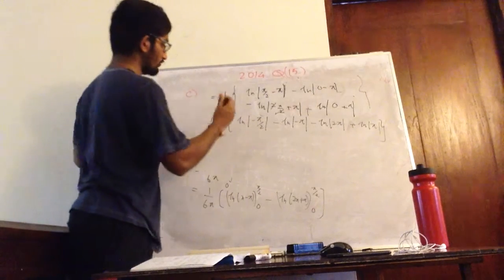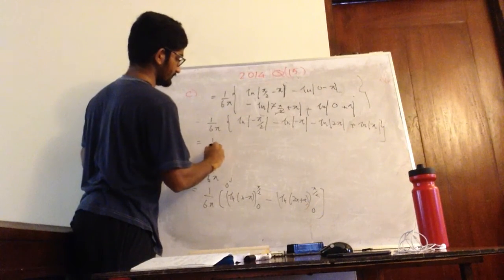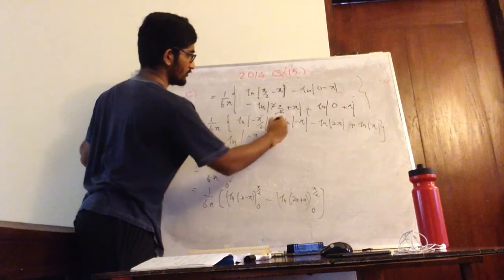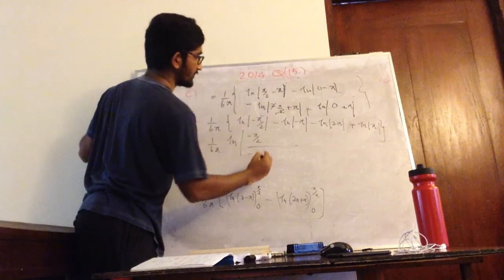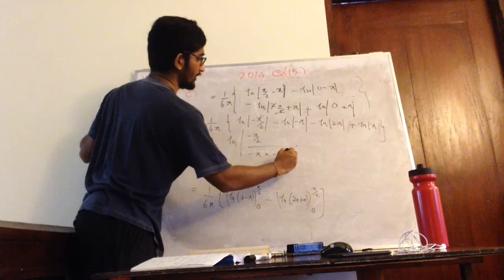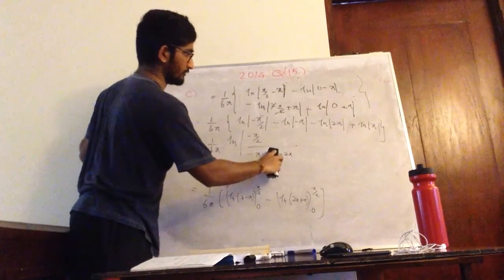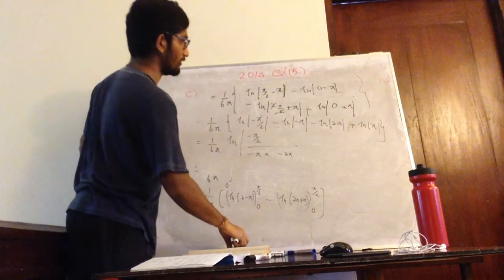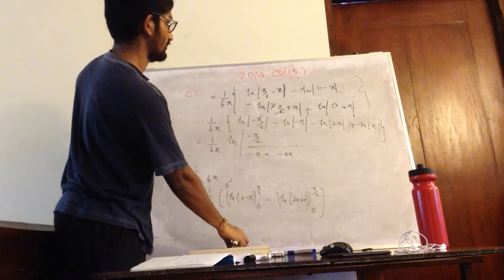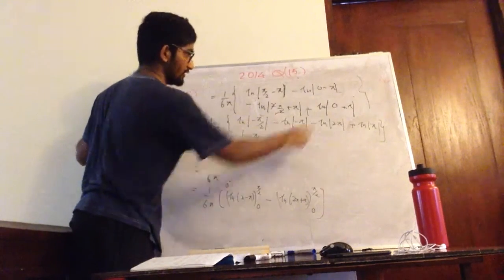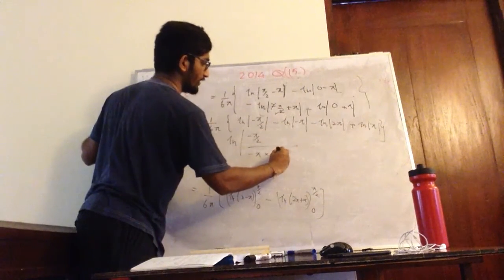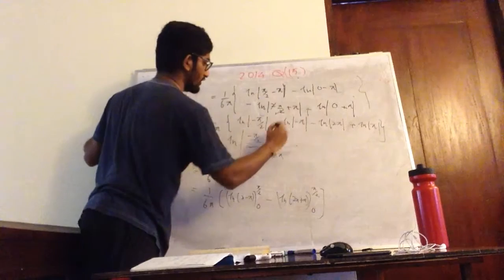So I can write this as minus 5 over 2 divided by minus 5, times 5 divided by 10, where the 5 is the plus term.